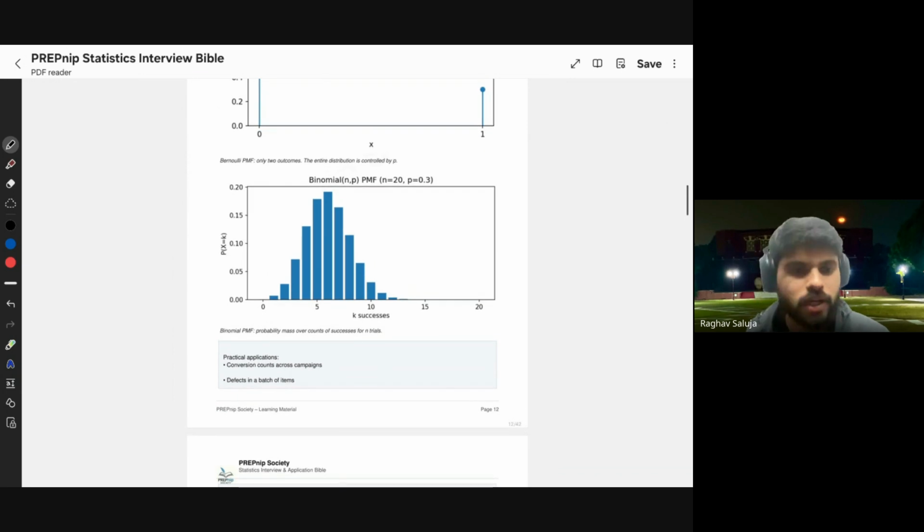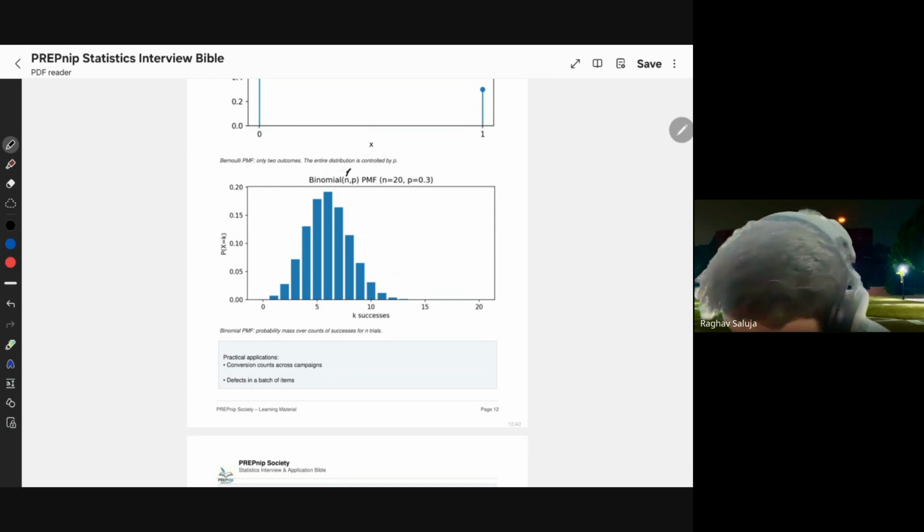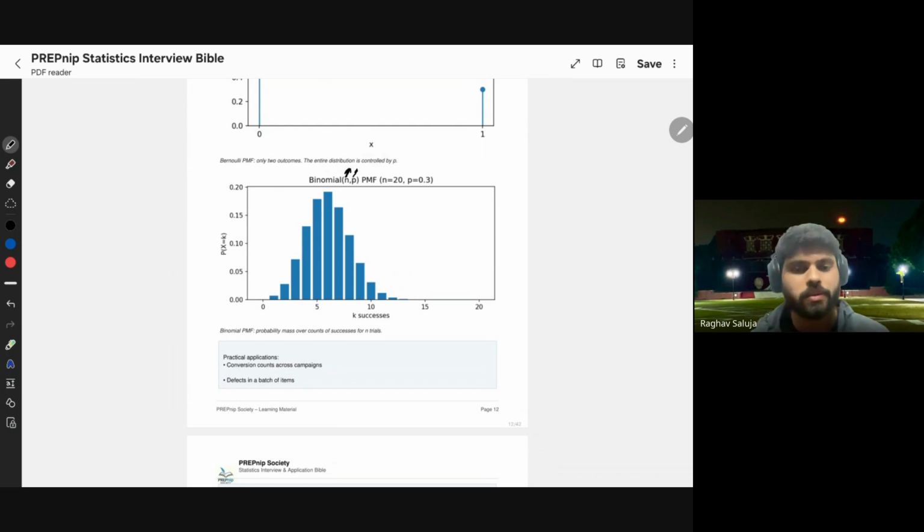Next is your binomial. Binomial, this is just a bag of Bernoulli trials. It models the number of successes in n independent trials. That is why an extra parameter n is added.